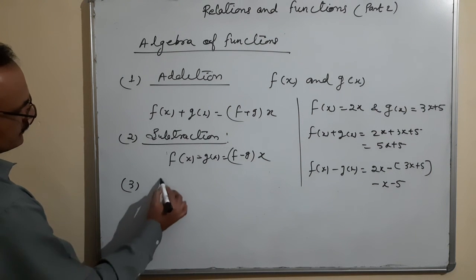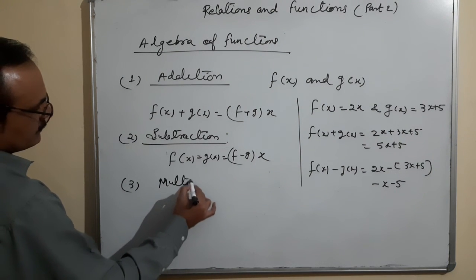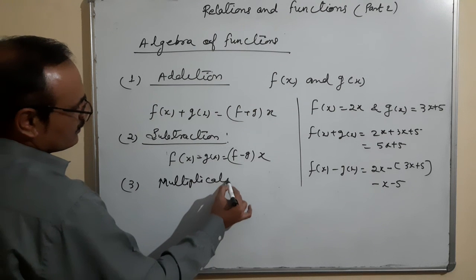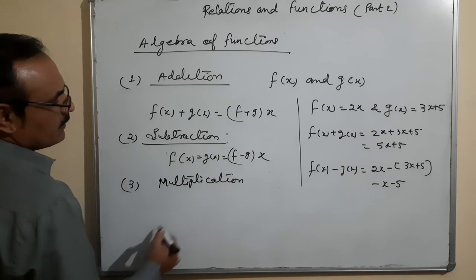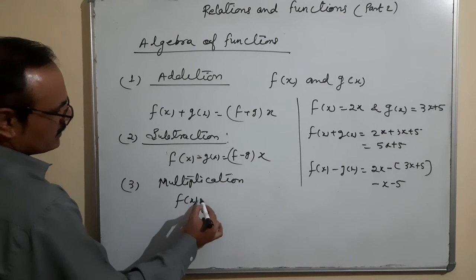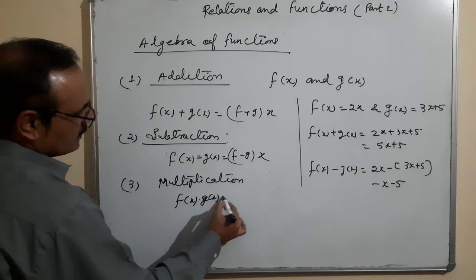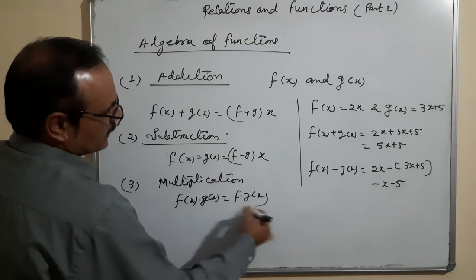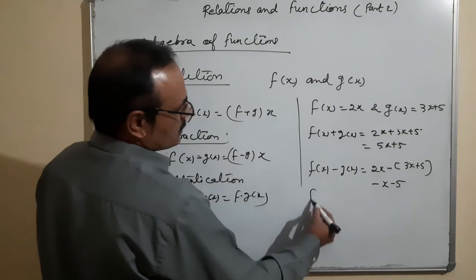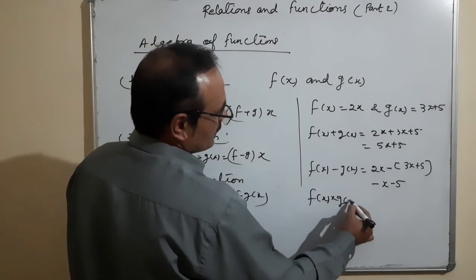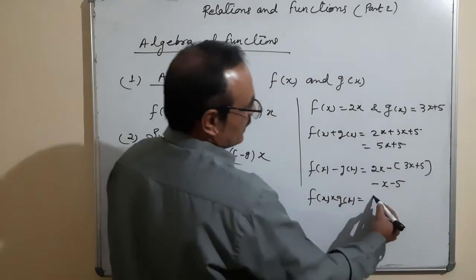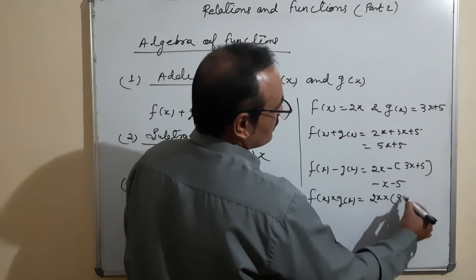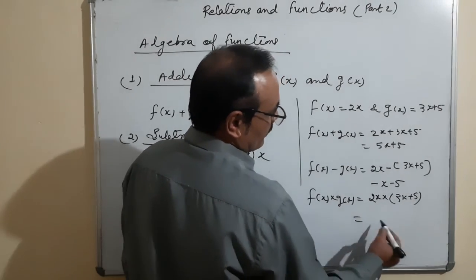Third one is multiplication. F of x into g of x is equal to f into g of x. So multiplication is also possible, like f of x multiplied by g of x. Simply you will multiply two functions, 2x multiplied by 3x plus 5. Okay.